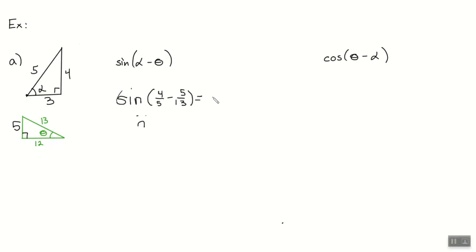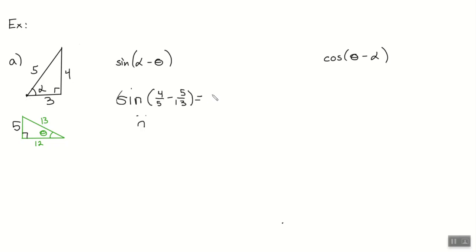Sine is opposite over hypotenuse. We're basically plugging it in.